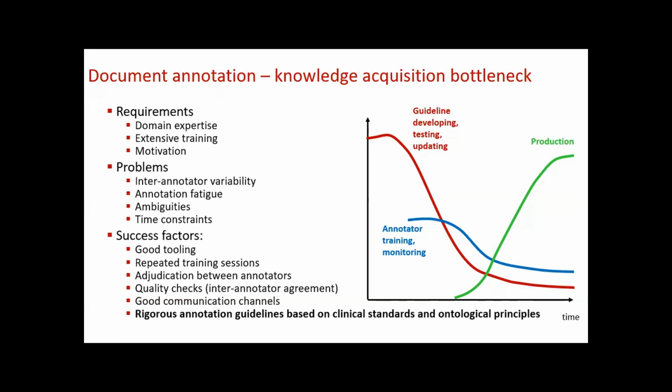The annotators need to be motivated to do this, and there are lots of problems like the variability between annotators, even well-trained annotators. If they do the same annotation task in parallel, often they come up with different results. And this is not very good if we want to create a gold standard. And it really requires a lot of time.